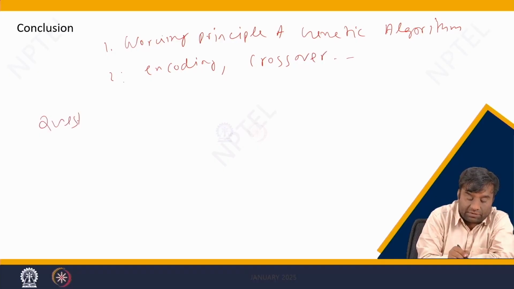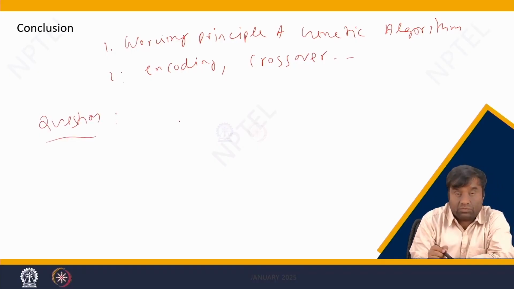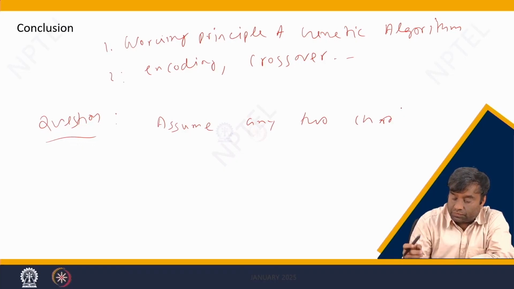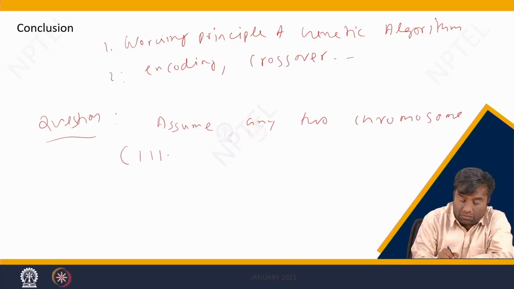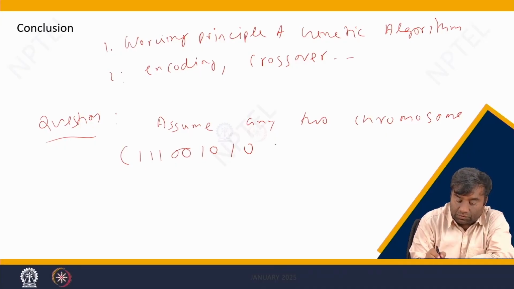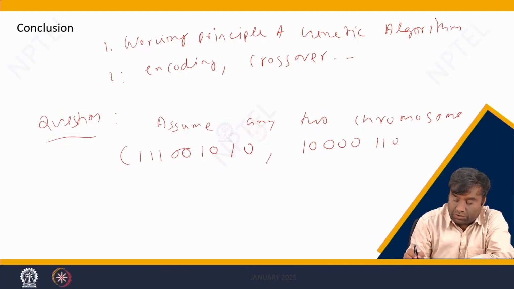So today's question is: assume any two chromosomes, just like 1 1 1 0 0 1 0 1 0 and 1 0 0 0 0 1 1 0 0.